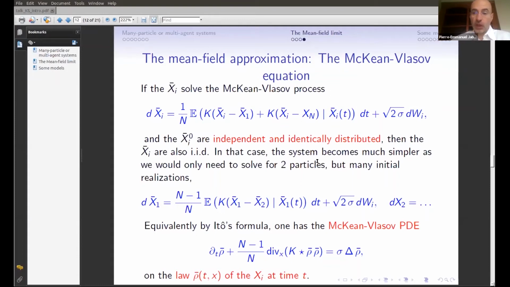So what the mean field limit does is, at the macroscopic scale, if you're looking at the distribution of particles rho bar, it replaces a potentially very complex, very difficult to solve coupled system of 10 to the 20 SDE by one nonlinear PDE. And that's the whole point.